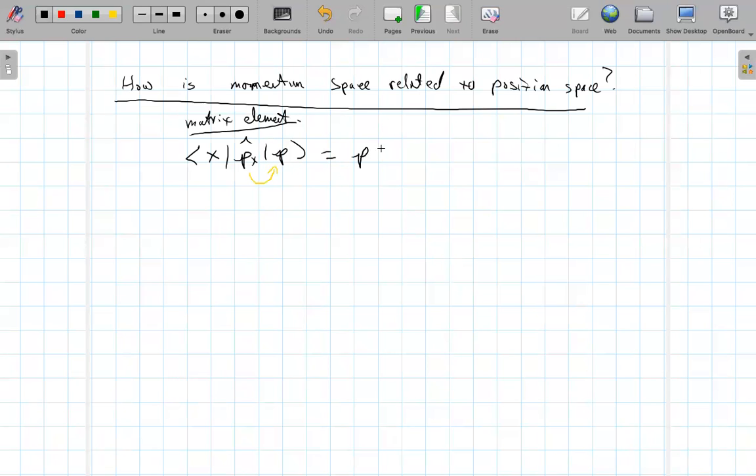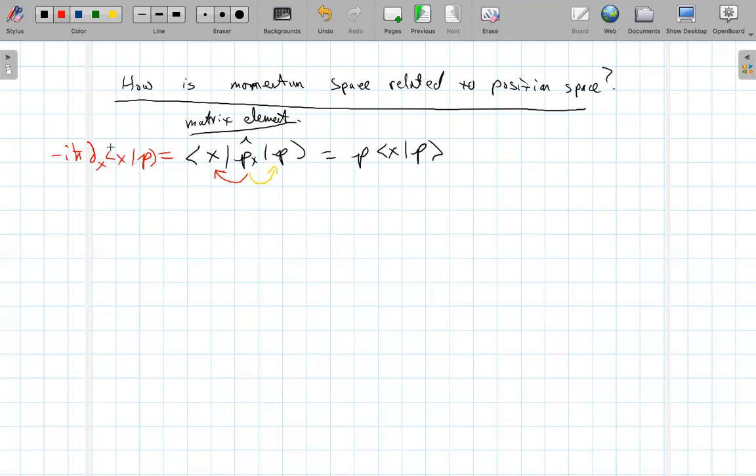So this is going to be written as the momentum times the inner product between the position basis and the momentum basis. Or we can act in the opposite direction. I can act my momentum operator onto my position basis. And if I act on it this way, then this thing is also equal to, well, we know this guy acting in position basis is minus i h bar times the partial derivative. So it's going to be equal to minus i h bar, partial derivative with respect to X of the inner product between the position basis and the momentum basis.